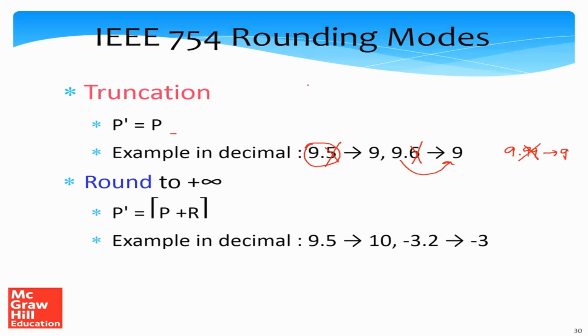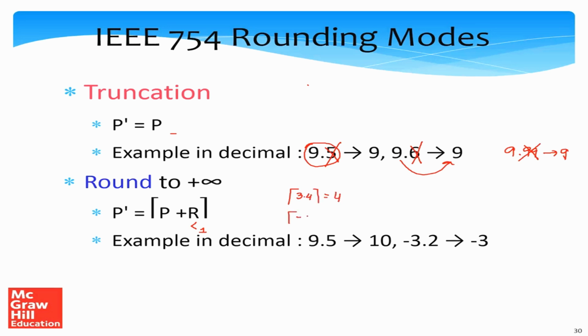The other is rounding to plus infinity, which means that we add the residue to the significand. So mind you, once again, the significand is a 24-bit unsigned number and the residue is less than 1, right? So basically, we'll add both of them and we'll take their ceiling. So the ceiling operator essentially takes you to the next higher integer. For example, the ceiling of 3.4 is 4.